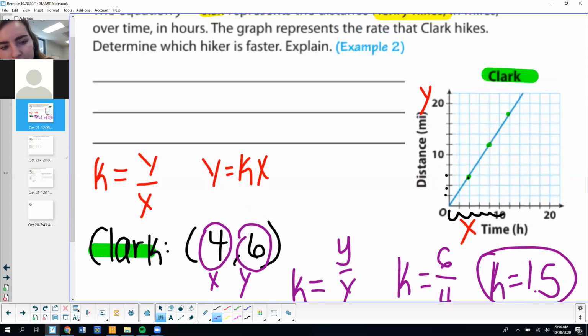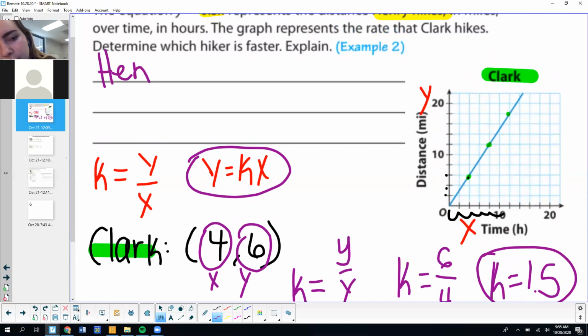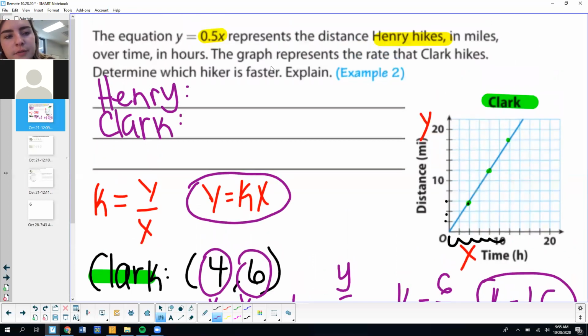But if we can remember this formula, this setup, we're going to have Henry and we're going to have Clark. Henry and Clark have their own lines. For Henry, we have his equation: y equals 0.5x.